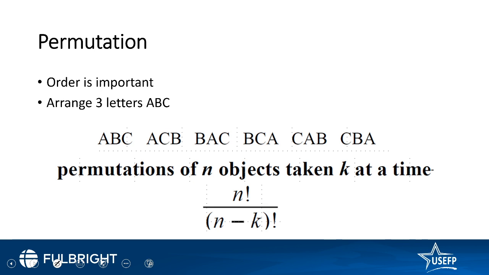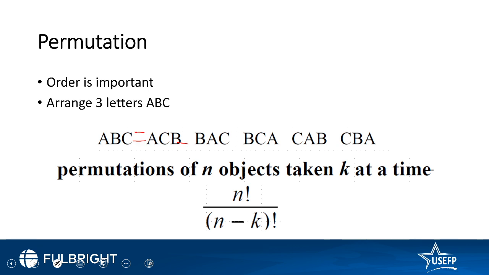So in a permutation, ABC is different from ACB, it is different from BAC. All these are different ways of arranging things.